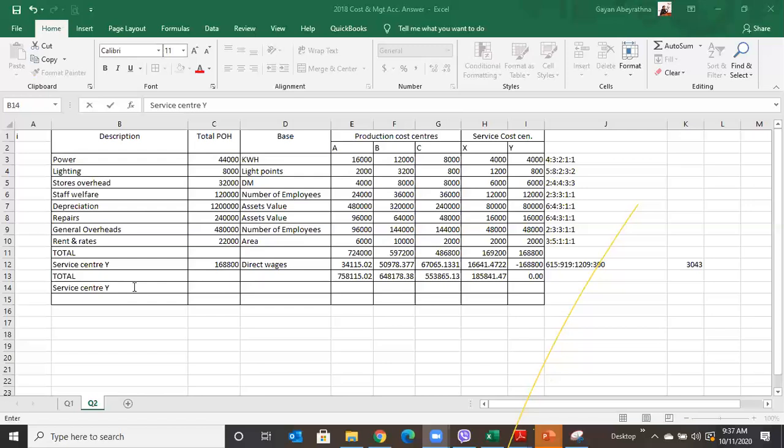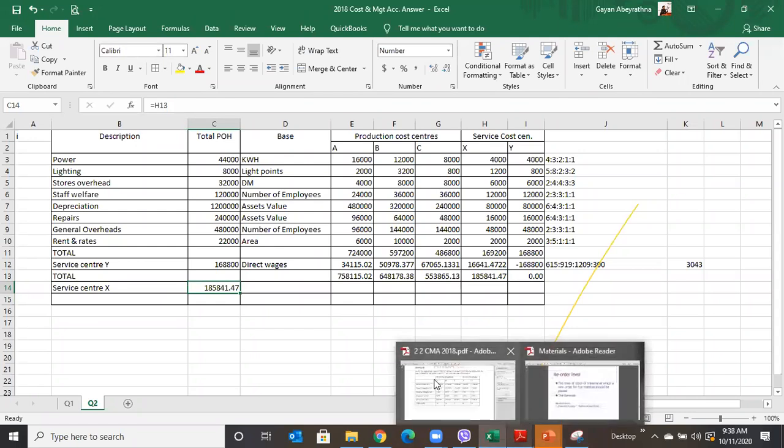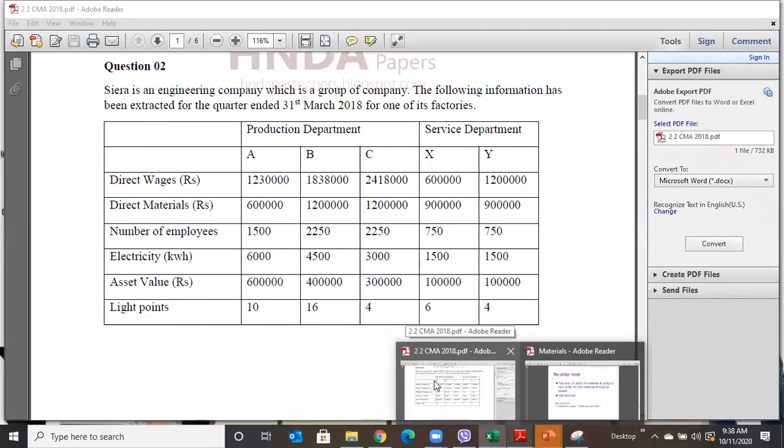Then service center X. Total in service center X. Now we have this amount. Then what should be the base? 532.